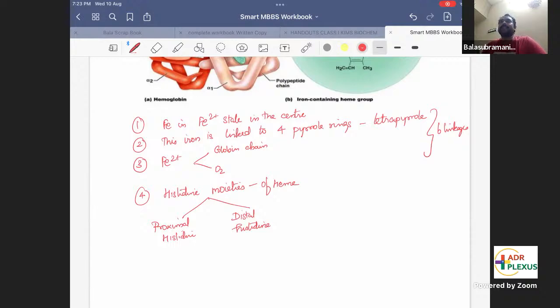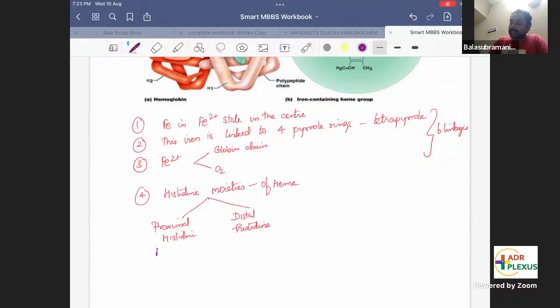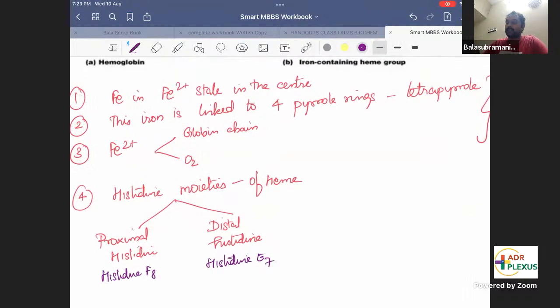What is the function of these histidine moieties? The proximal histidine is otherwise called histidine F8. The histidine in the distal region is called histidine E7.